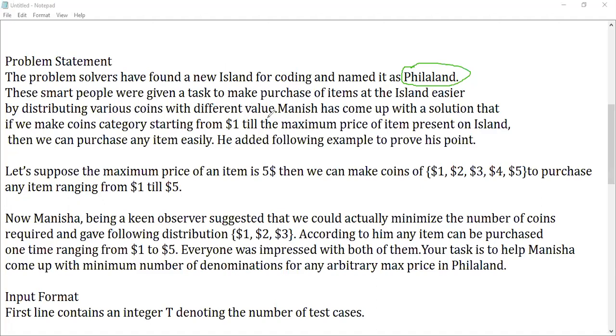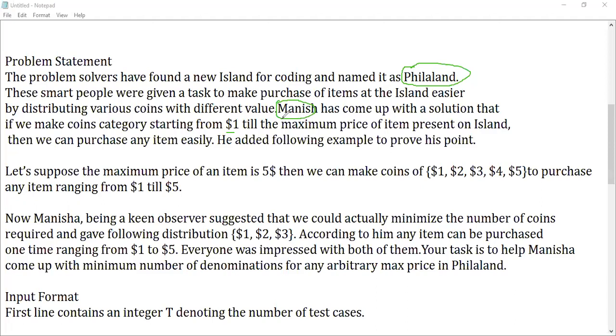Their task is to make new coins for distributing the different values. Manish has come up with a solution: if you make coin categories such as $1 till the maximum price of the item present in the island, then we can purchase any item easily. So are you clear?